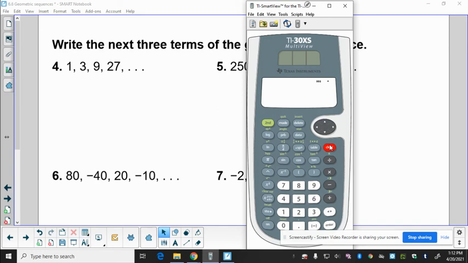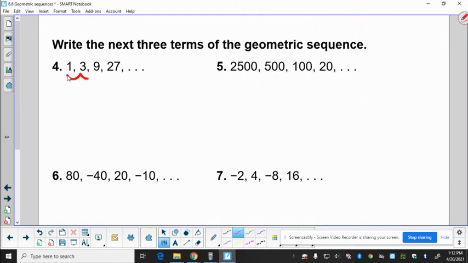Okay, so here we go. Okay, number 4. Do you see a pattern here? I'm thinking it's times 3. That's my common ratio.